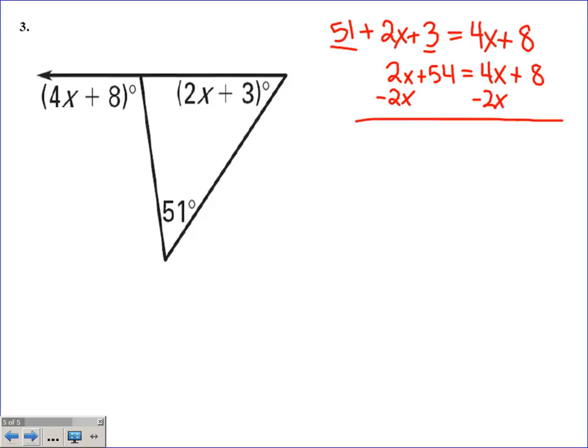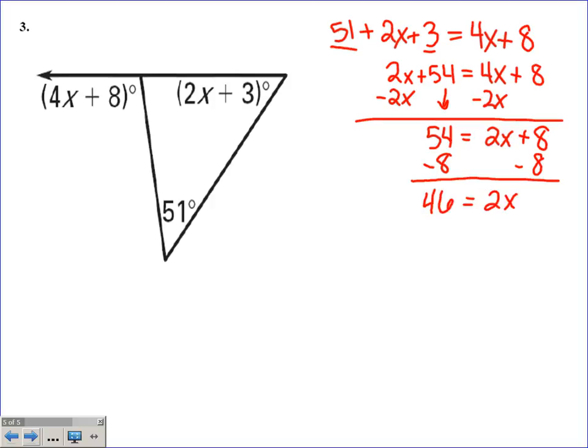What do I have? Tell me what I have left to right. Sounds awesome. Now what? Both sides, yes. Divide both sides by 2. What's 2 divided by 2? What's 6 divided by 2? So x equals 23.